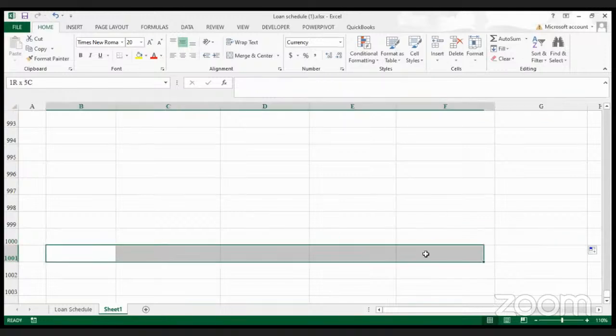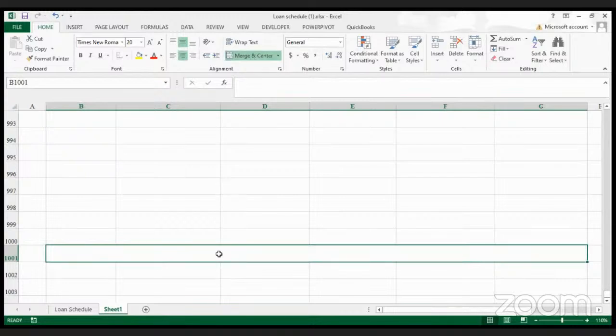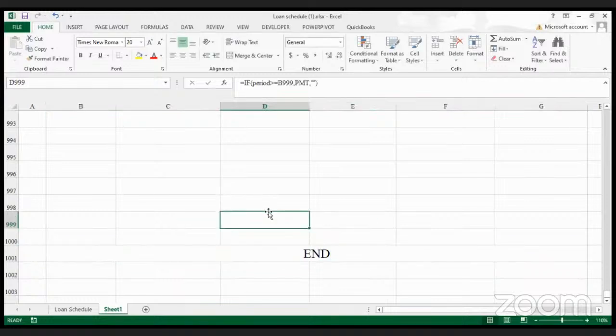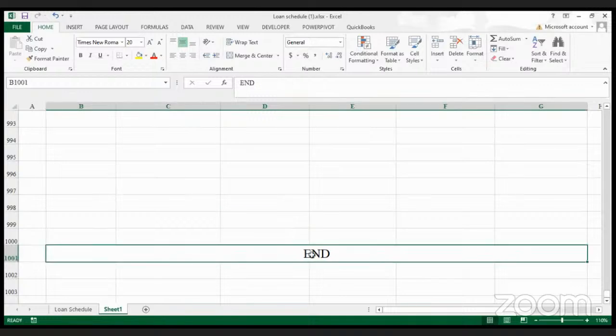So we can just say here that this is the end, for just this illustration.